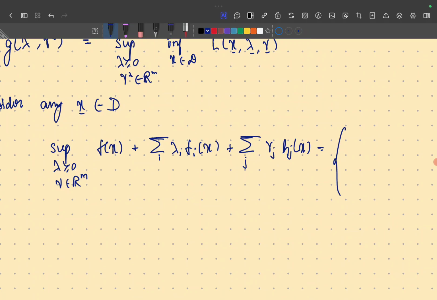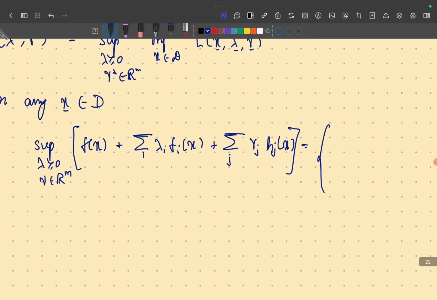I take an arbitrary x and try to maximize this whole quantity with respect to lambda and nu. Now suppose that x satisfies the constraints.